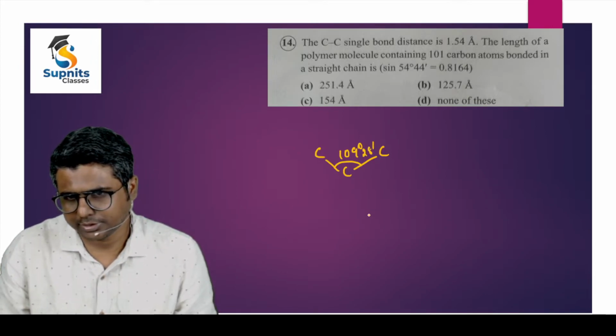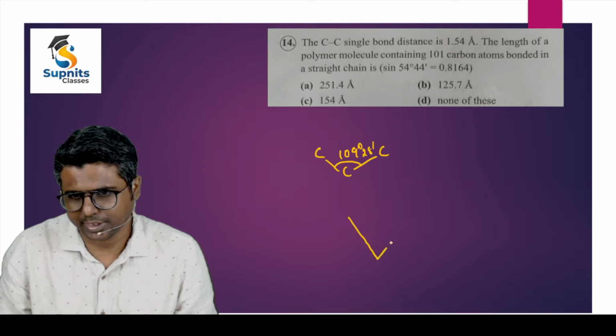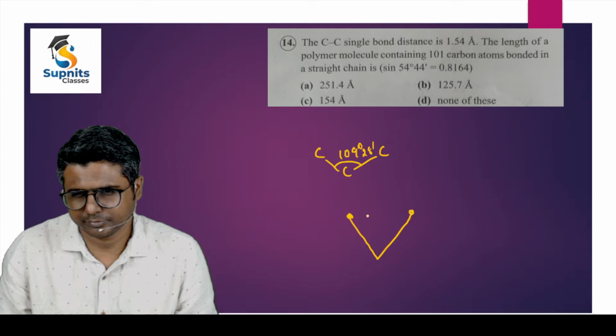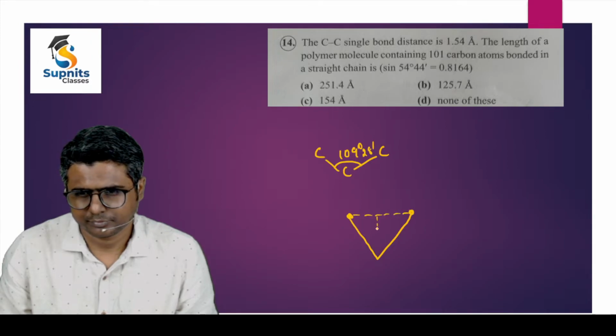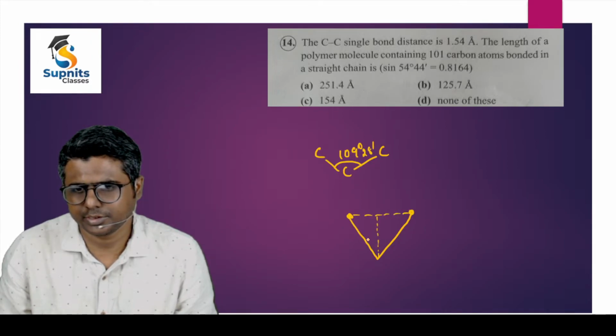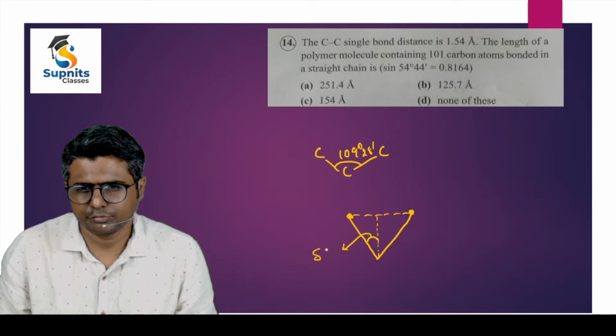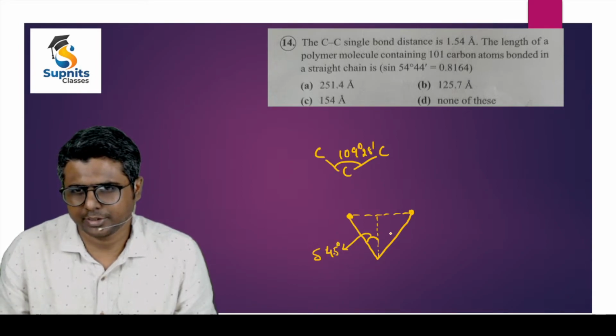So let us draw this triangle first. So this is a triangle like this, right? If you see, this angle should be 54.5 degree approximately, and this length is given.